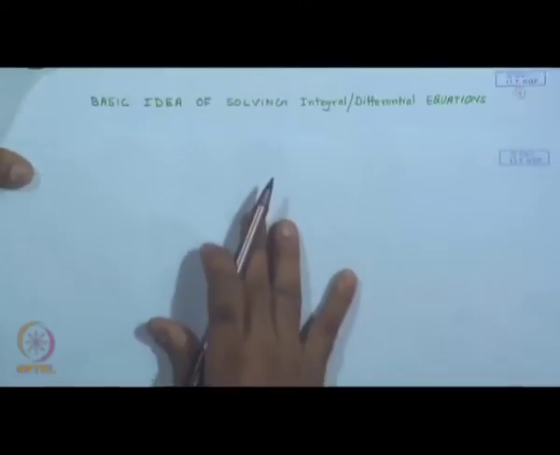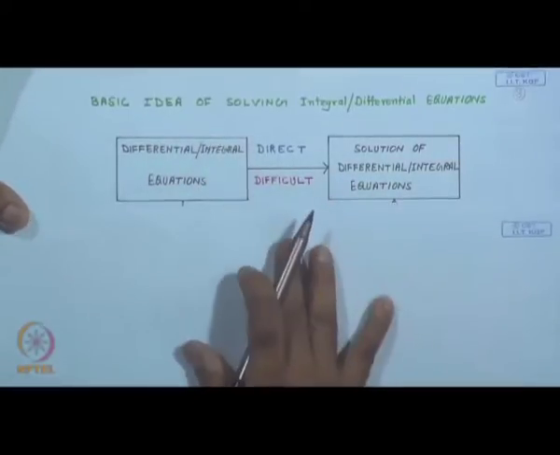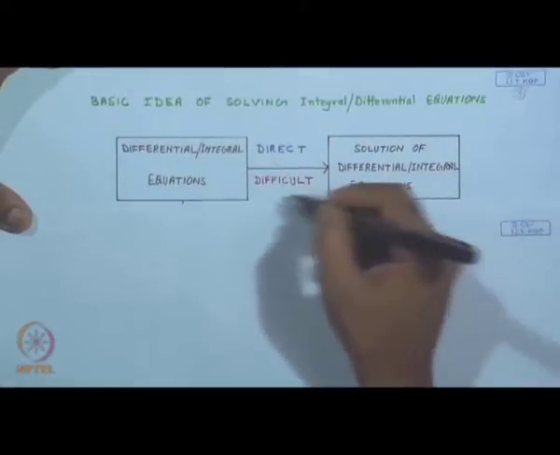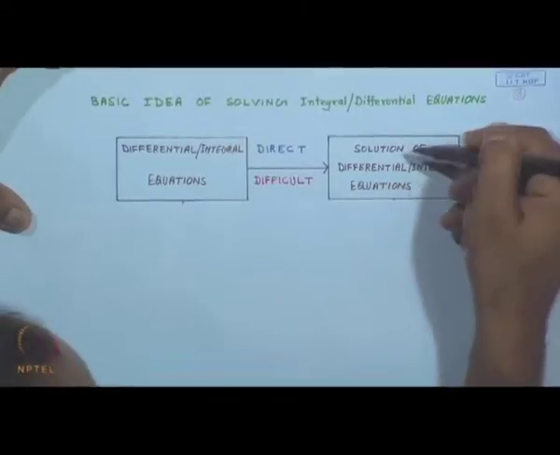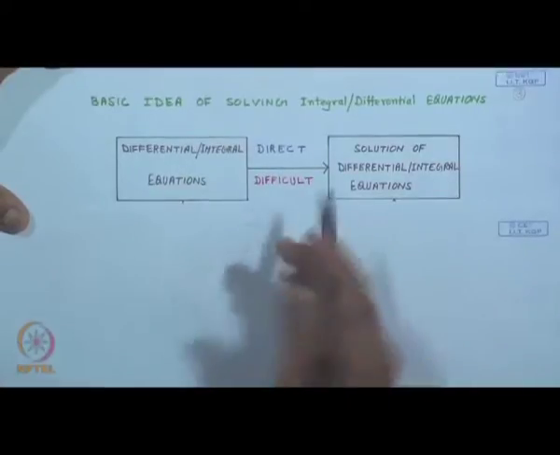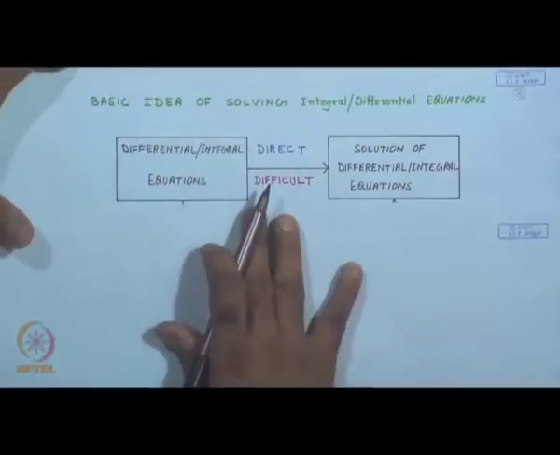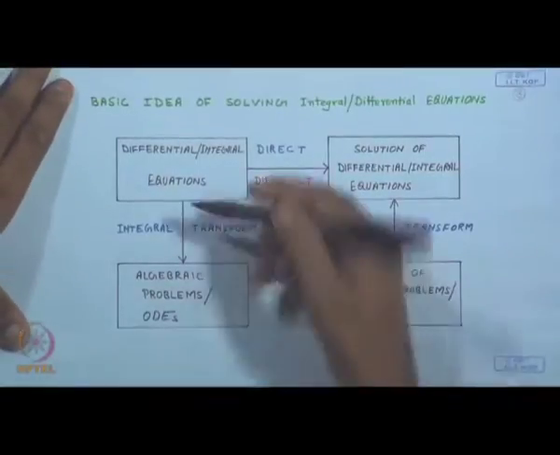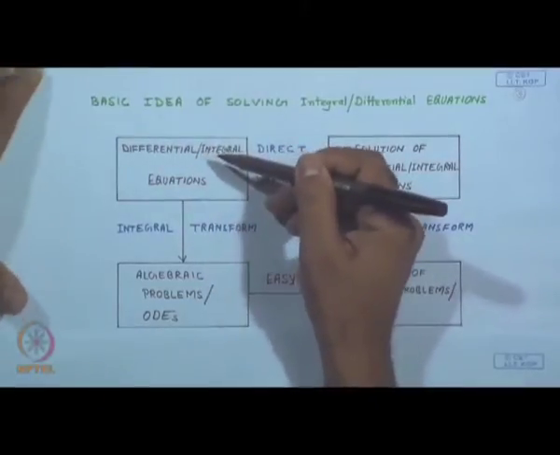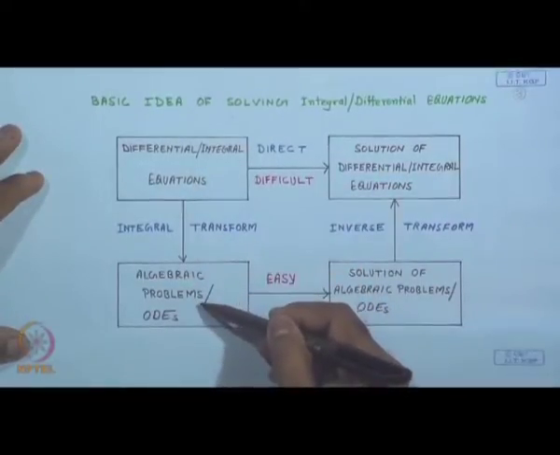Here we have, for example, differential or integral equations, and if we directly try to solve these equations, it may be difficult to get the solution. So how do these transforms help to get the solution? It is as follows. If we take the integral transform of these equations, then we get algebraic problems or ODEs.